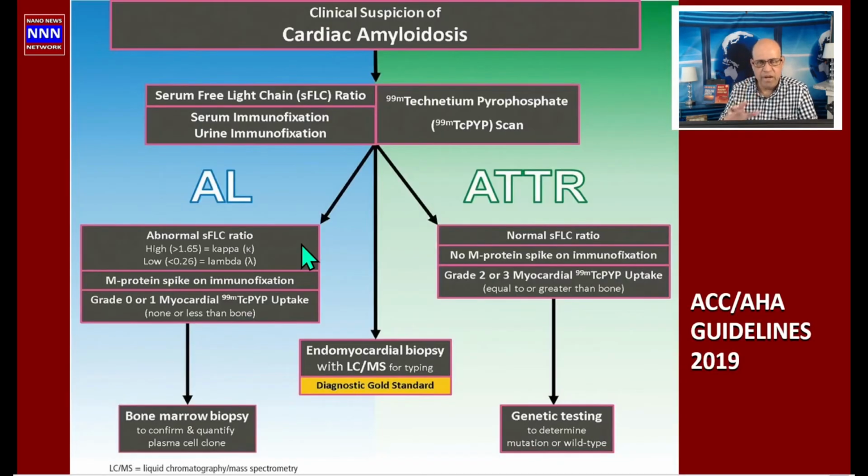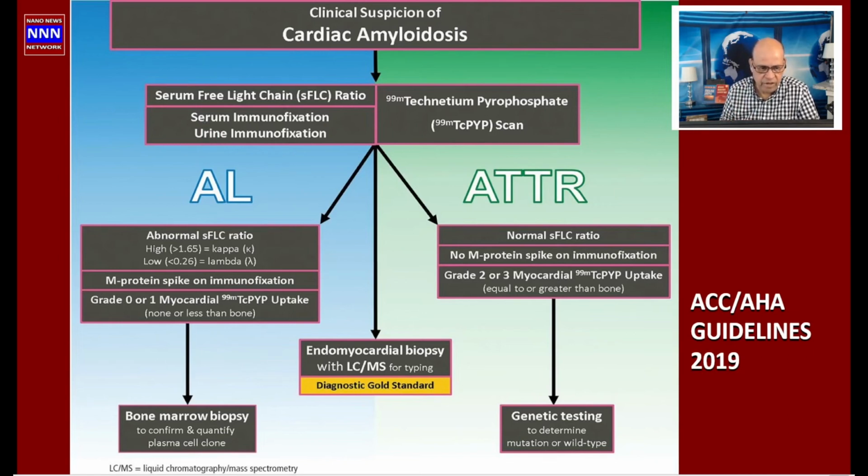We talked about the two main types of amyloid disorders, namely the amyloid with light chain and amyloid with TTR mutation. The light chain amyloid is a serum plasma cell disease.